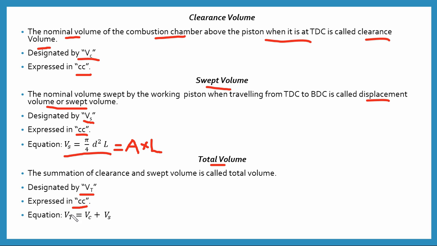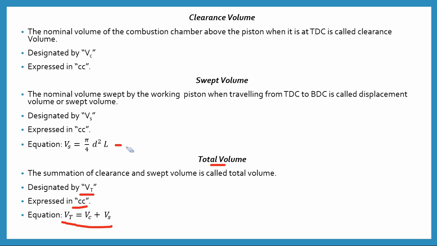The equation is Vt equals Vc plus Vs. These are the volumes calculated in the combustion chamber. Now coming to the next slide.